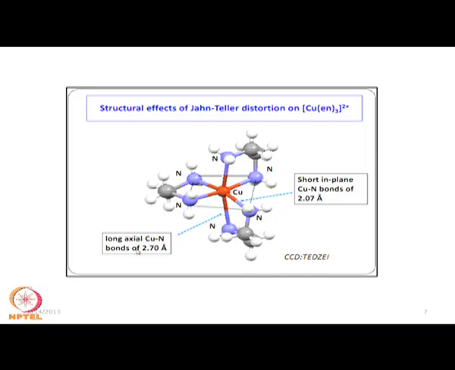So, here we see the long axial copper nitrogen bonds, which are much longer than what we have seen just now for the aqua copper molecule, which was 2.60 angstrom, but it would be 2.70 angstrom. And also the short in plane copper nitrogen bonds, which were below 2 angstrom in the aqua molecule, are above 2 angstrom, 2.07 angstrom.